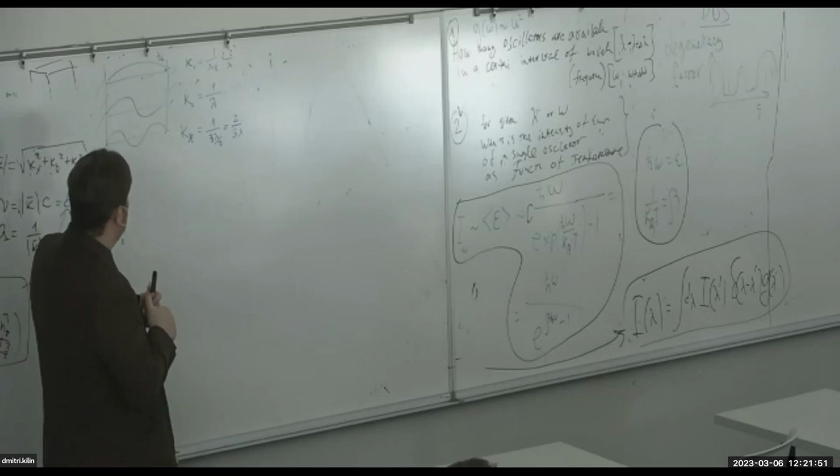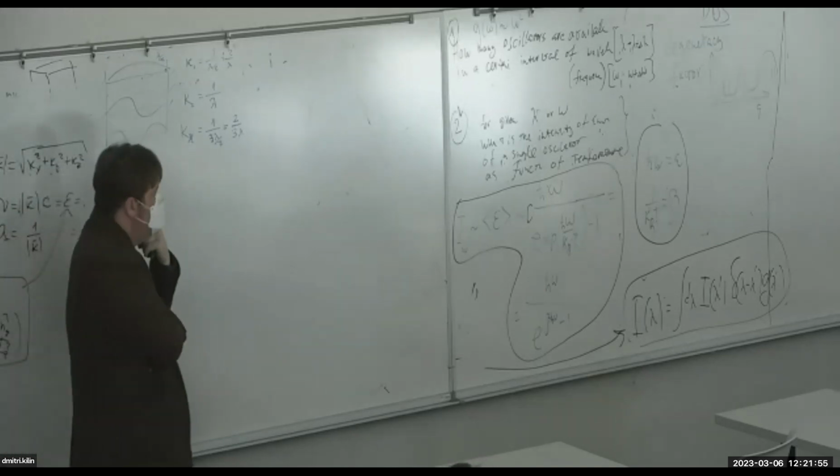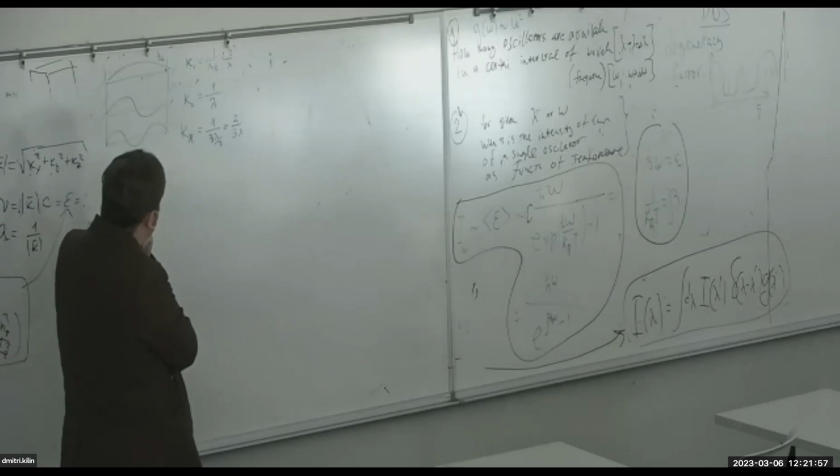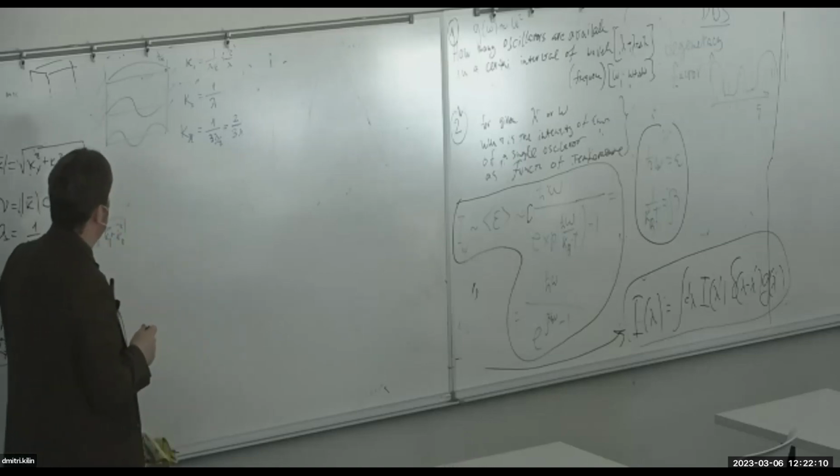So how does the K vector change if we go from longer wavelengths to shorter wavelengths?